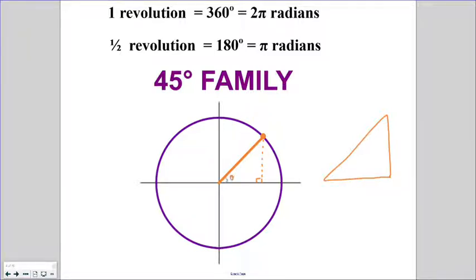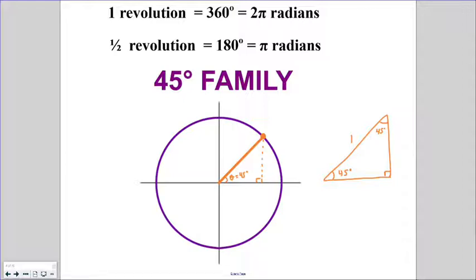But if this is my angle, and it's 45 degrees, and I purposefully created a right triangle, that means that this angle up here is also 45 degrees. Okay, what else do we know? Well, we know that the hypotenuse must be 1, since that's the radius of our unit circle.